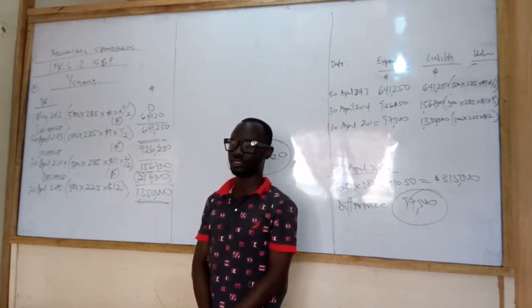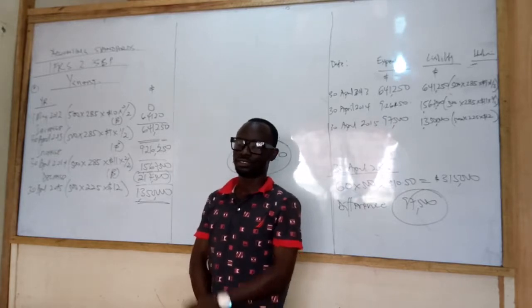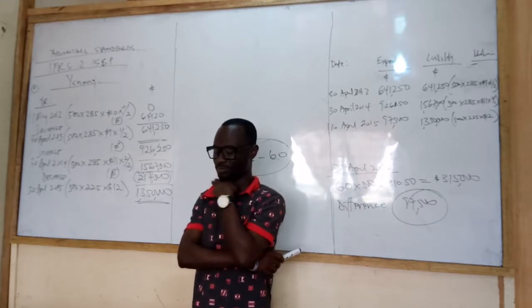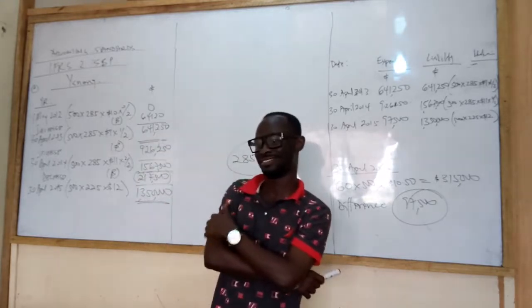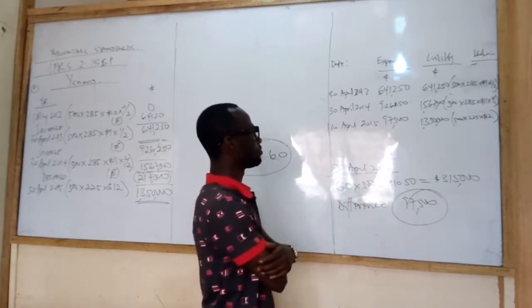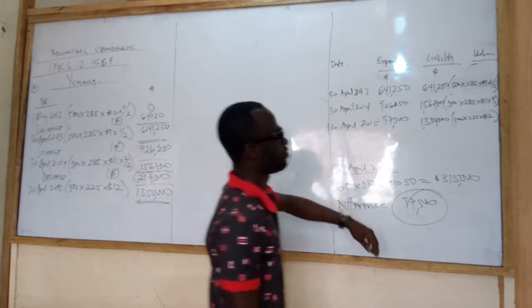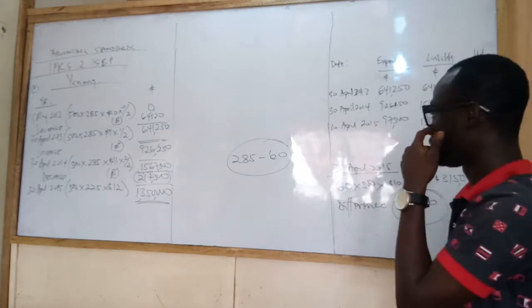Then what do we write? Do we write expected liability or reserves? Reserve, equity or reserve, at the liability side. That's right. But the expenses will already be there.